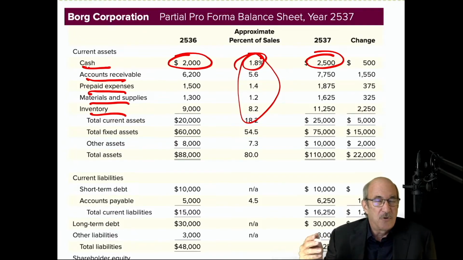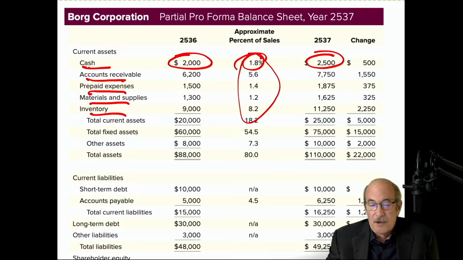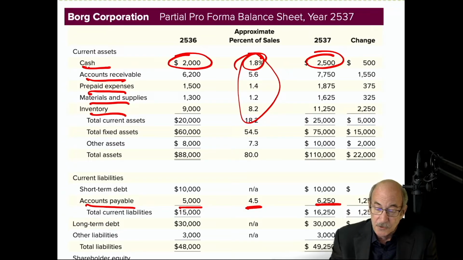The nuts and bolts of how you do this in the spreadsheet in terms of formulas are up to you, whatever makes more sense to you. And likewise with accounts receivable, prepaid expenses, materials, supplies, and inventory. The only account that varies directly with sales down here is accounts payable, and that goes from 5,000 up to 62.5.